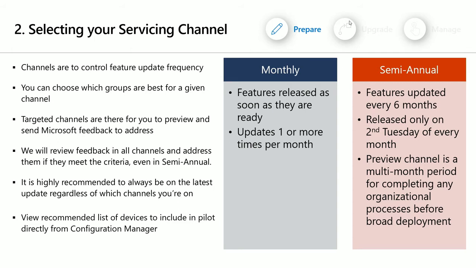And so a lot of people ask, well, what percentage of my organization should be on monthly or on targeted? It's not about a percentage. It's more about really understanding what you want to cover, right? So if you actually have 10 add-ins that are really critical to your organization, we'll take a subset of those users and add them to your targeted channel.